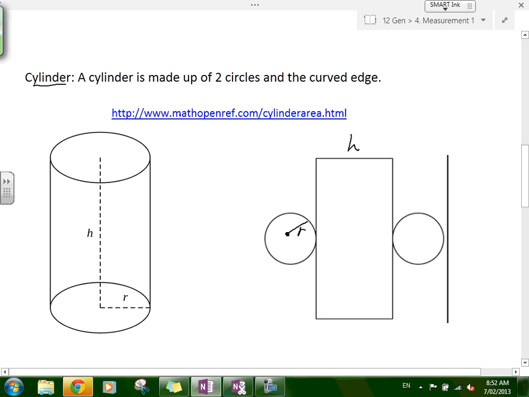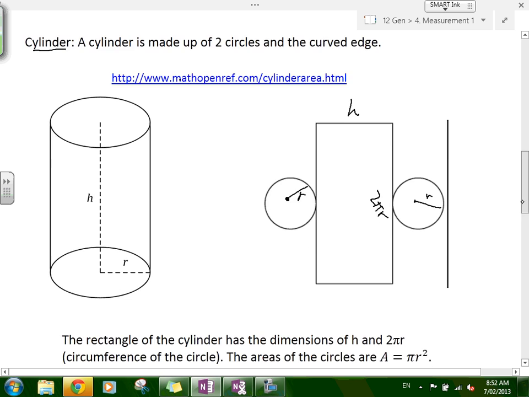This is the height, because that's the distance between the two circles, the height of the cylinder. And then this long edge here, put in another r here, this long edge here is the 2 pi r, so the circumference of the circle. So that makes it quite easy. You've got the different parts.